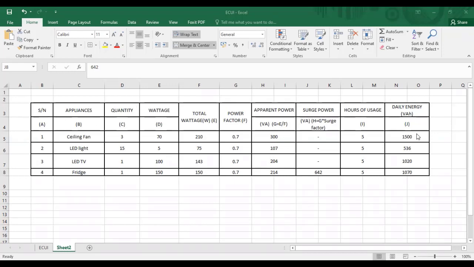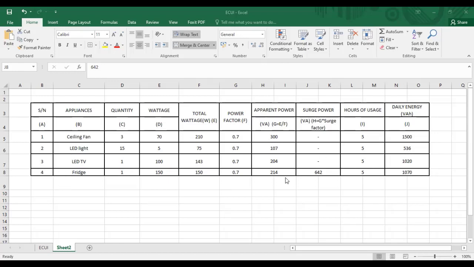See the screen with the table. Yes, I can see. So what I'm saying is duplicate this yourself. I have 4 loads here. Increase it based on the loads you have in your house. Introduce the power factor. Calculate the apparent power. Get the total apparent power and the total daily energy. The hours of usage I have here is 5.